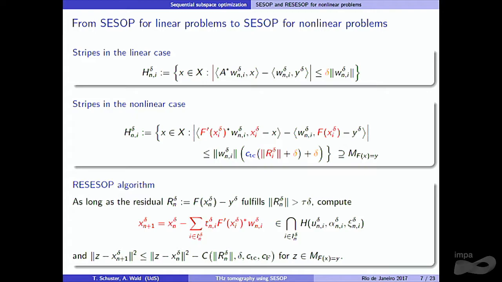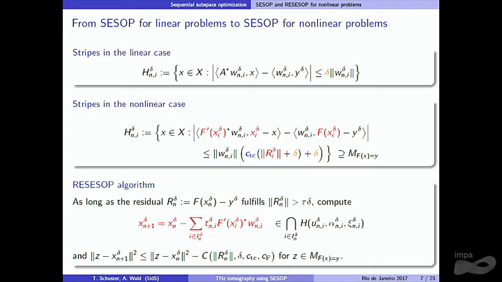If you do that, it's straightforward to see that all the solutions of your nonlinear equation are contained in each of these stripes. This is the point. So don't bother about the special form here. The key idea I want to tell you is that by this definition, the solution set is contained in each of these stripes we project on. Okay?